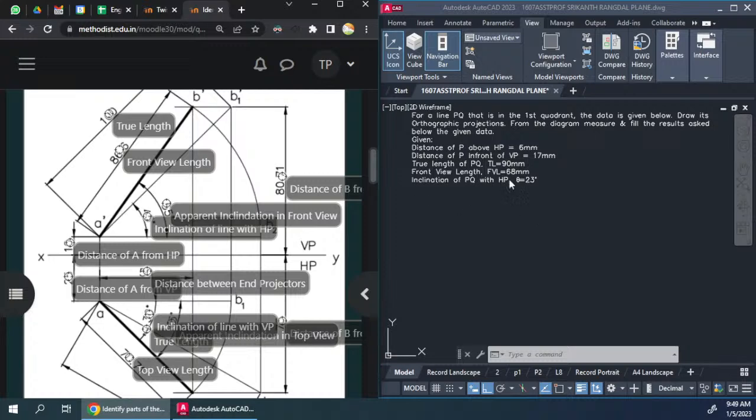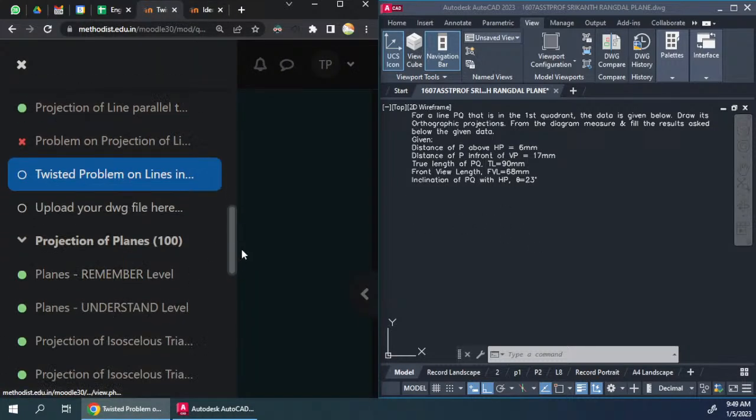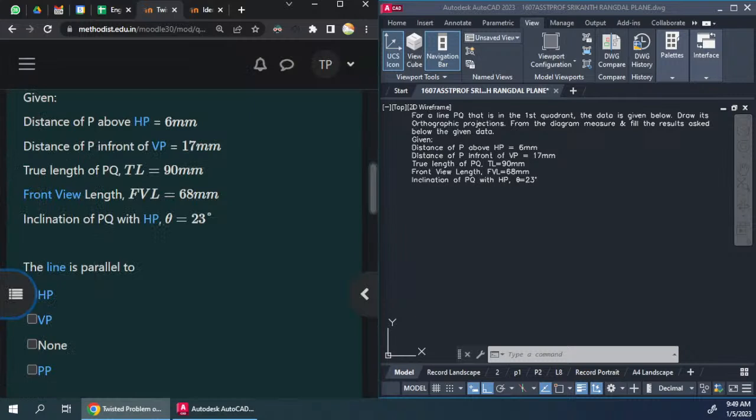In fact, there are a lot of different questions with different quantities being given as input, and you're supposed to complete the diagram and put in the other values. Like here we are provided with the distance of P above HP, distance of P in front of VP, true length, front view length, and then inclination of PQ with HP.